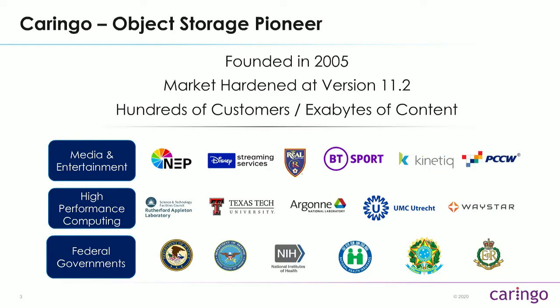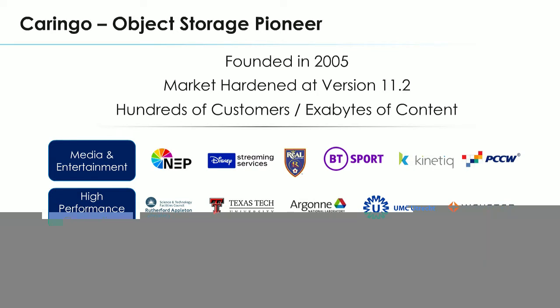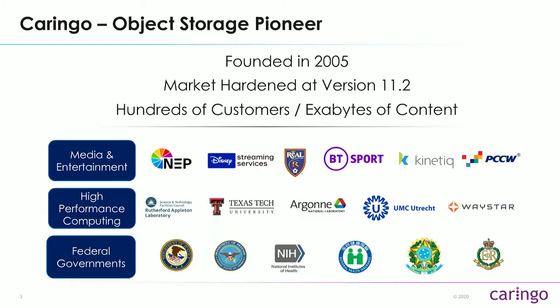Yeah. So a little more about Caringo. We were founded in 2005 to change the economics of object storage, really to change the economics of storage at that time, because object storage wasn't even really a thing. It was really to handle relentless data growth and to do it at speed. Some of the earlier solutions that tried to do it had definite performance problems.